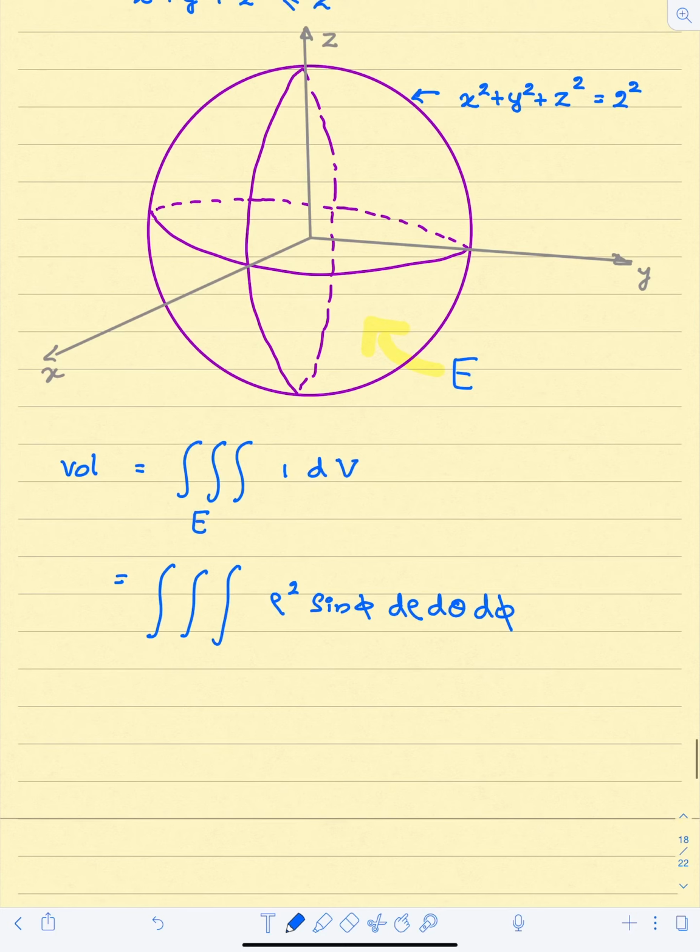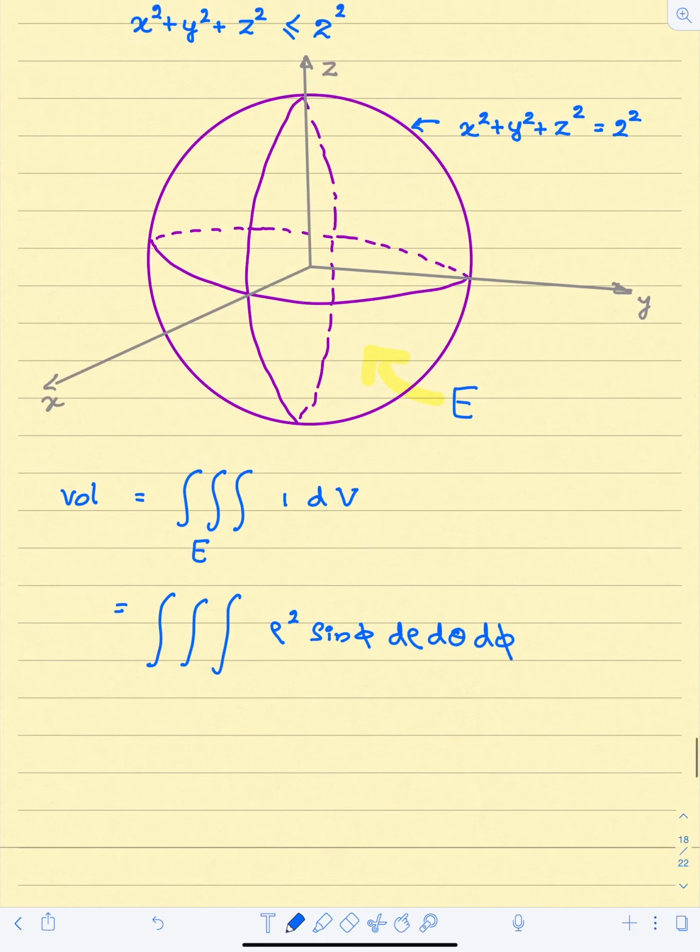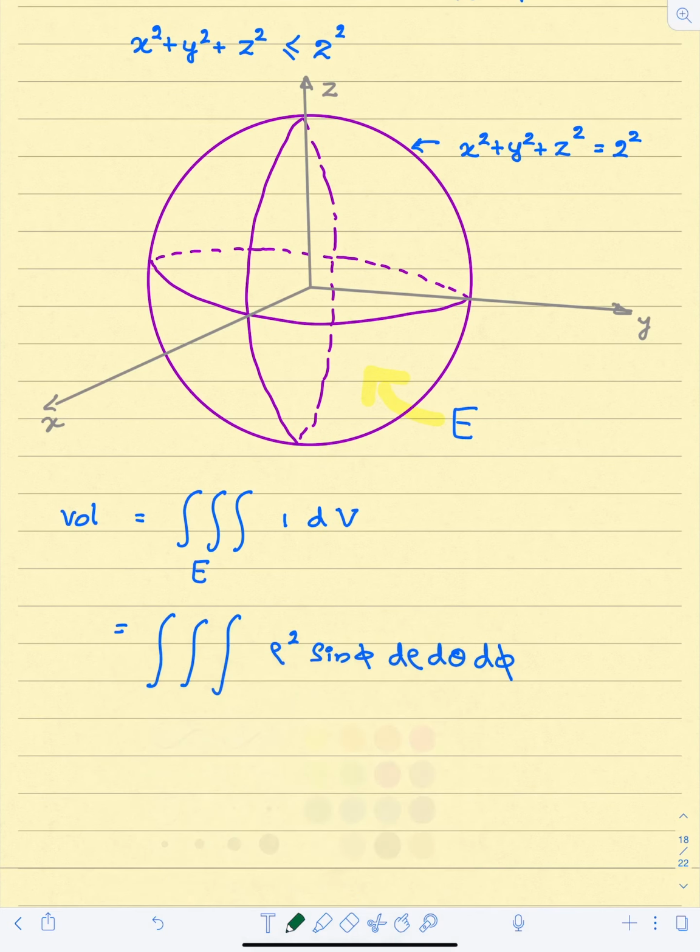Now we have a full sphere. Rho is the distance from the origin to a point in R3. Since we need to cover the entire sphere, rho goes from 0 to 2 because the radius of this sphere is 2.